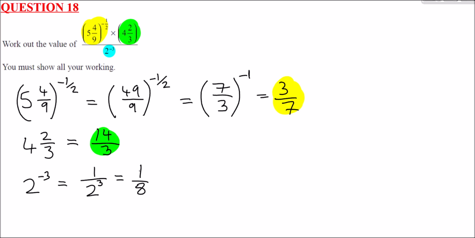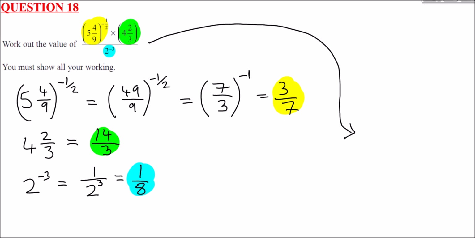So now what we can do is think of this in its simpler form. Rather than having this in the question, which looks pretty horrible, we can just simplify it using what we've done here.